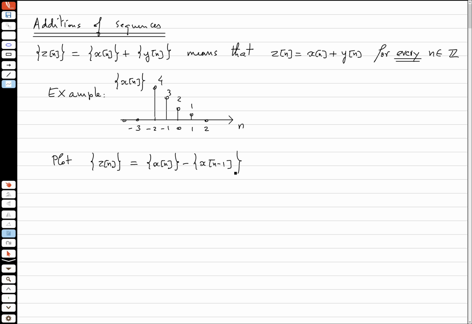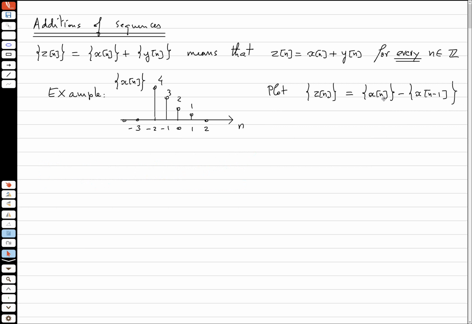So that is not very difficult. So you plot x of n minus 1. You're going to get it shifted. You see, I cannot do that on the blackboard. So this is x of n minus 1.